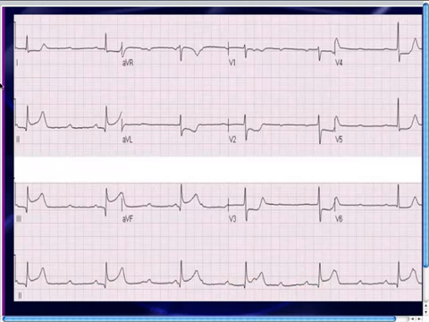There's no clear-cut association between what the atrium is doing and what the ventricle is doing. And since it's narrow, this is probably just a junctional type of escape rhythm. So sinus tachycardia with complete heart block and a junctional escape rhythm.